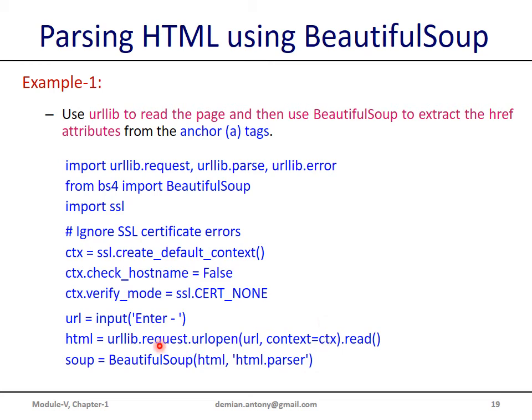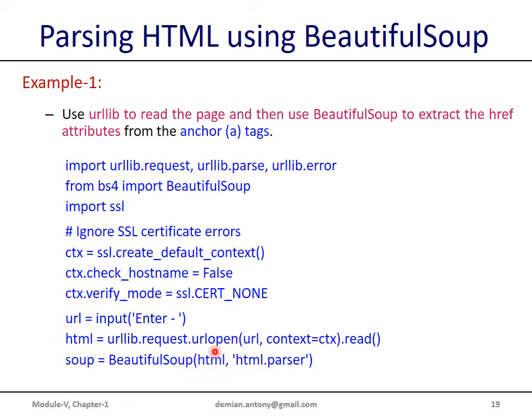There is a security context equal to ctx. Then we use the BeautifulSoup library on the html, and we are going to use a parser. There is an HTML parser. If you want to parse XML, then it is the XML parser. Since the data is HTML in nature, we use the HTML parser.